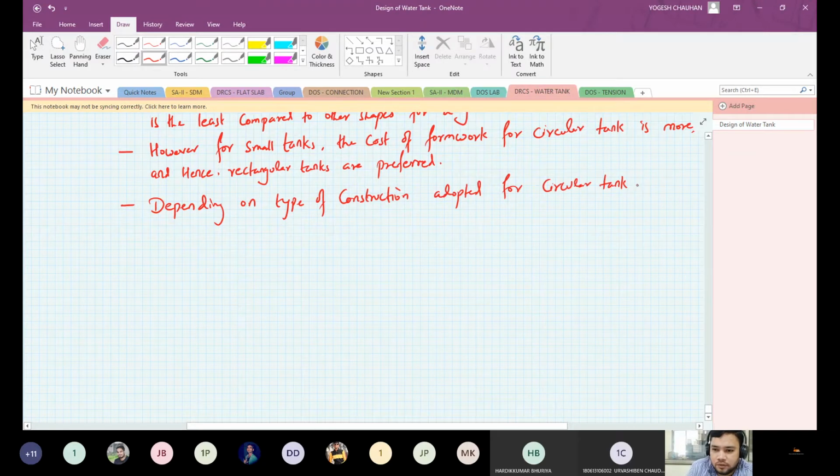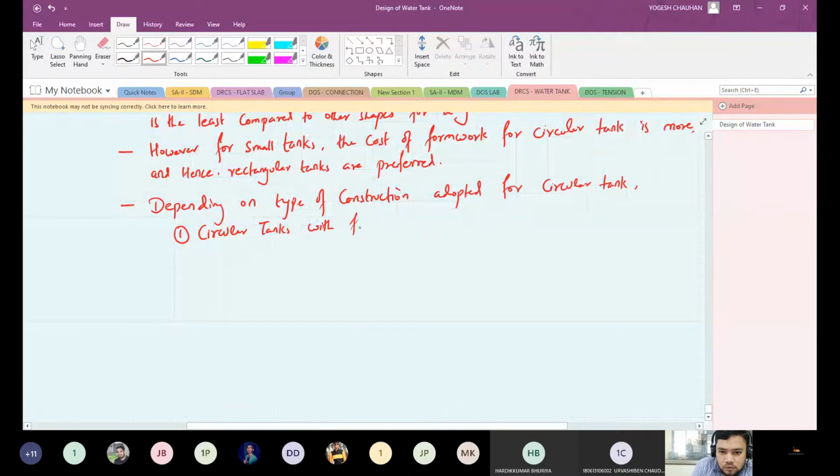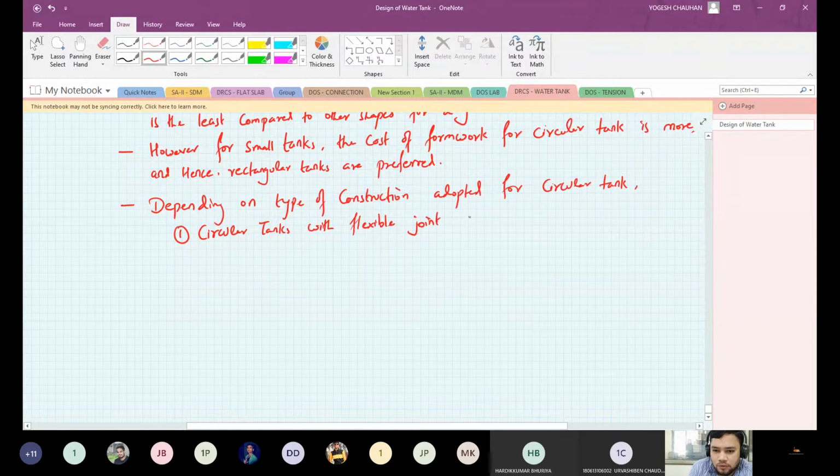One is circular tank with flexible joints between floor and walls.